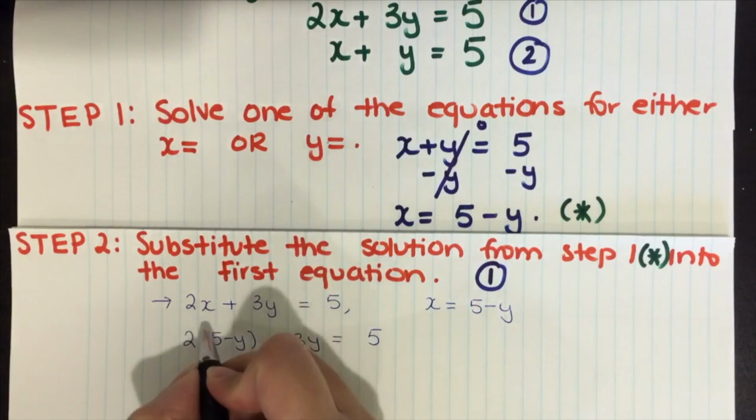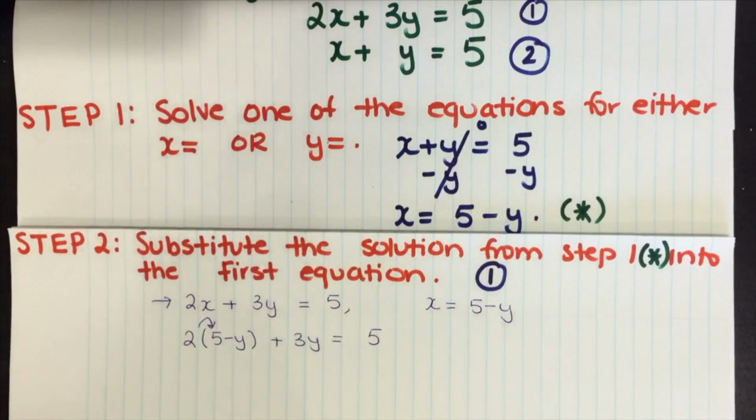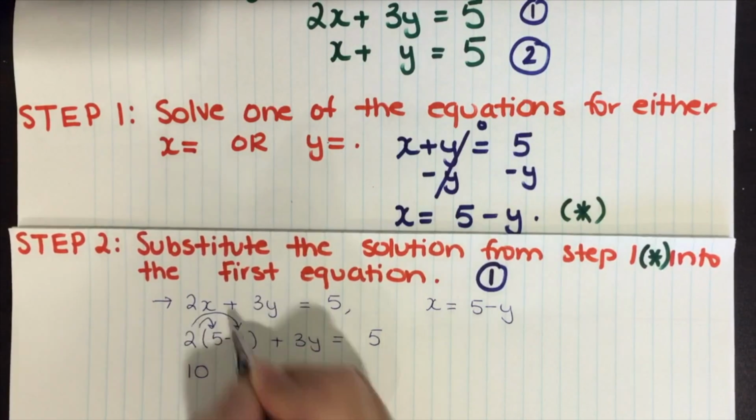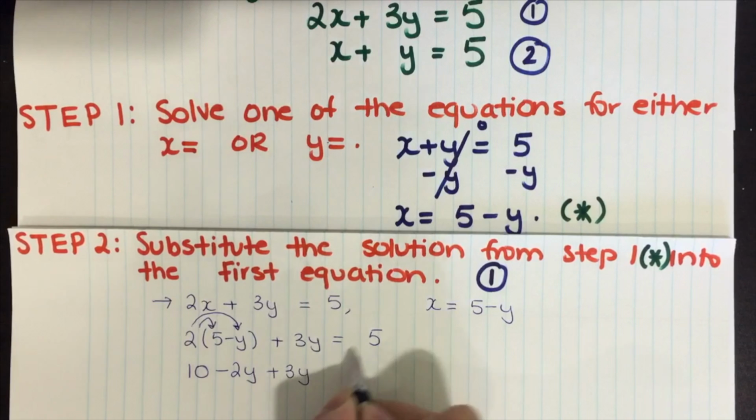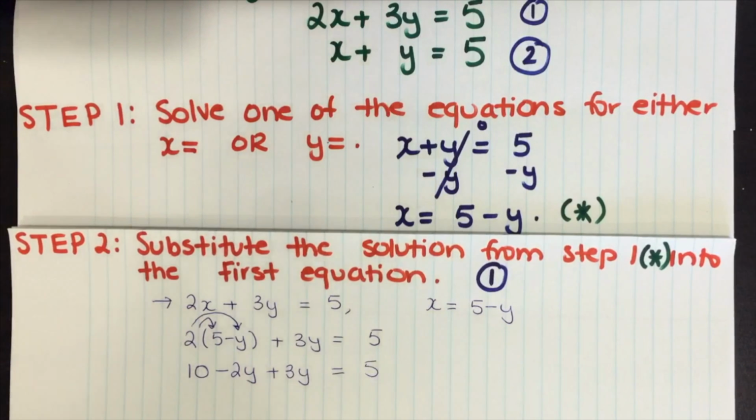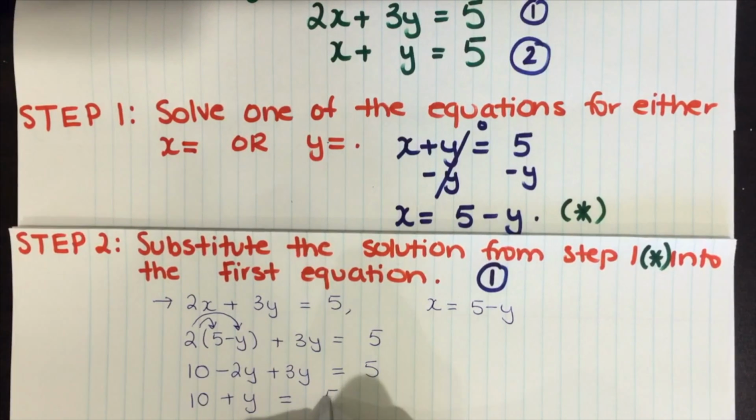So let's begin. 2 times 5 is 10. 2 times negative y is just negative 2y. Then we have the plus 3y equals 5. So negative 2y and plus 3y are like terms, so we can add these, which is 3y minus 2y, just 1y. So plus y equals 5.